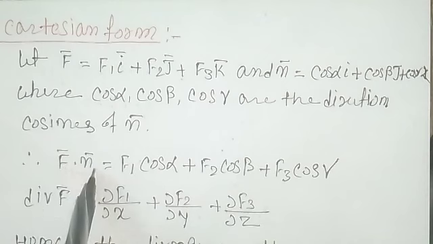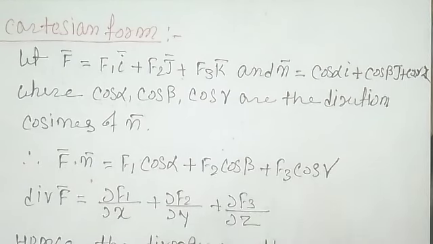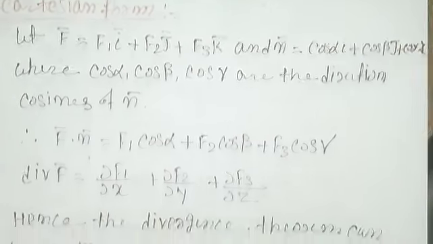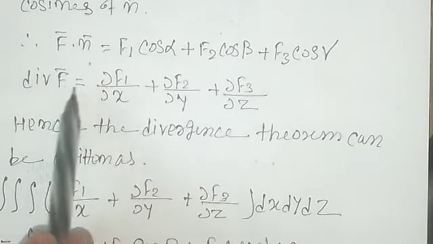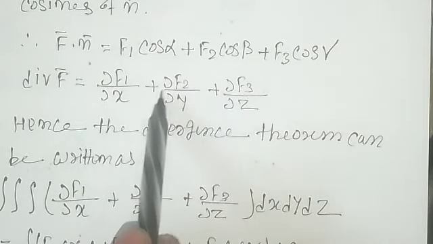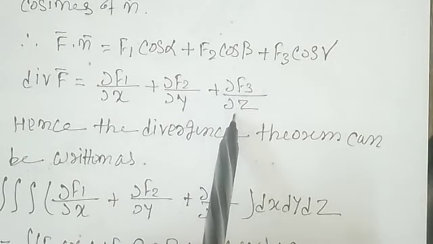Then f dot n is equal to f1 cos alpha plus f2 cos beta plus f3 cos gamma. Divergence of f, as you already know from the previous classes, is dou f1 by dou x plus dou f2 by dou y plus dou f3 by dou z.